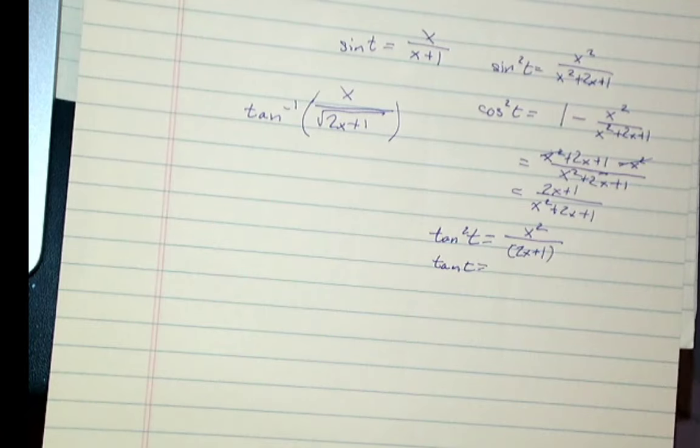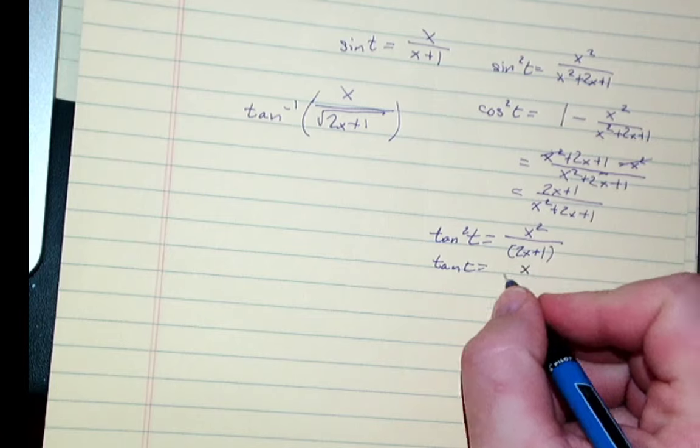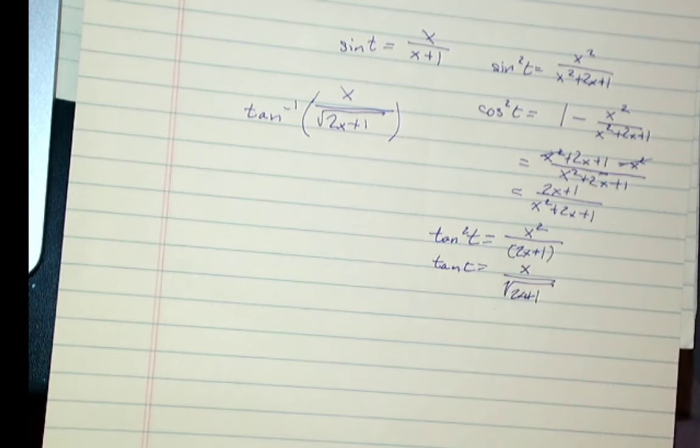Well, if x were positive, then we could just take a square root of the top and say, well, that's then just x over the square root of 2x plus 1. If x were negative, that would still work, because remember, sine t was originally x over x plus 1, so x would be negative in that case, so we have the correct sign anyway.